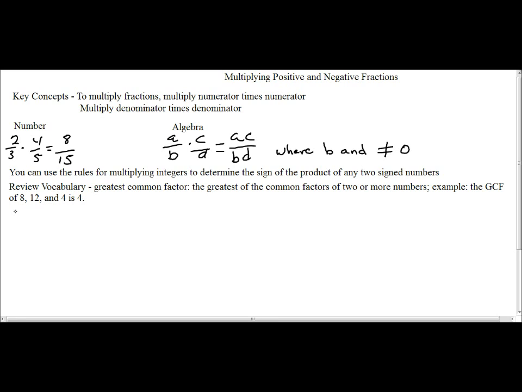If we have the same sign, we're talking about a positive times a positive will give us a positive, or a negative times a negative will give us a positive.